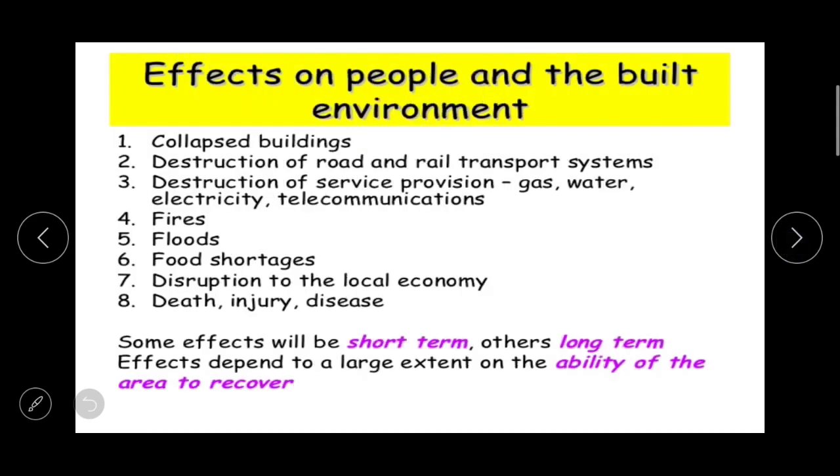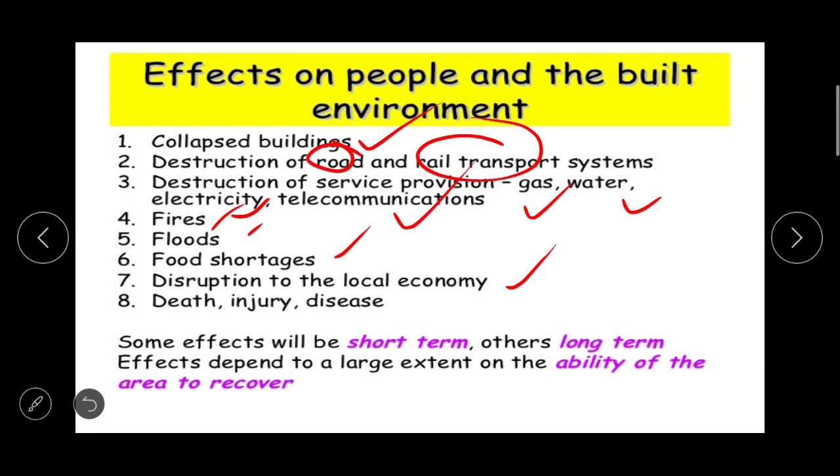Now, the effects on people and the built environment, or the effects of earthquake. Very common: collapsed buildings, destruction of road and rail transport systems, destruction of service provisions, that is gas, water, electricity, telecommunications, fires, floods, food shortages, disruption to the local economy, death, injury and diseases.